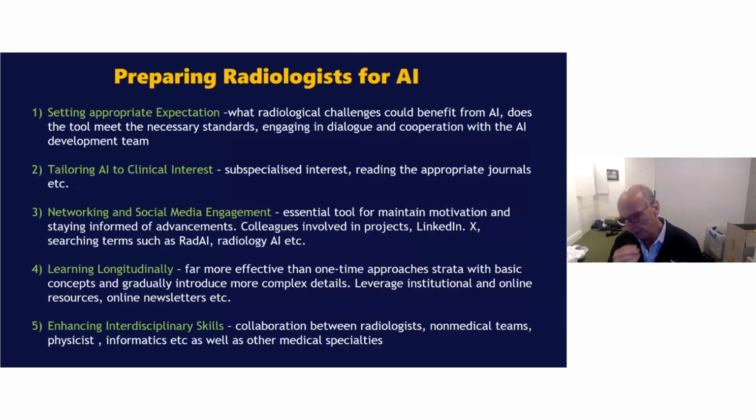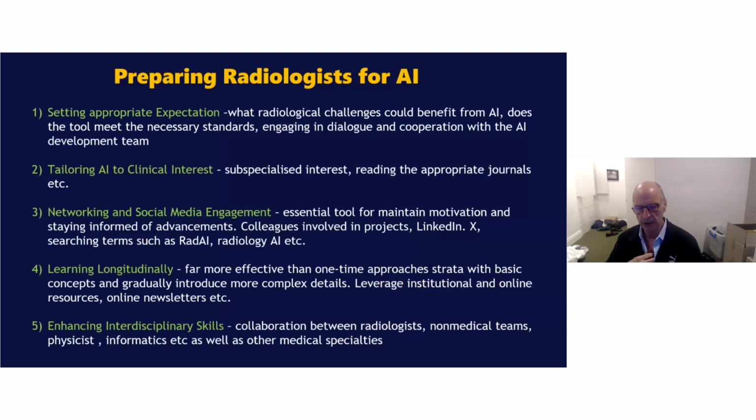Just before I finish, I think one of the really important things is we need to prepare radiologists, in fact, doctors in general. I think these things need to either be done at medical school or as part of your specialist training, but you have to set appropriate expectations. What challenges could benefit? You've got to tailor AI to what the clinical area of interest is.